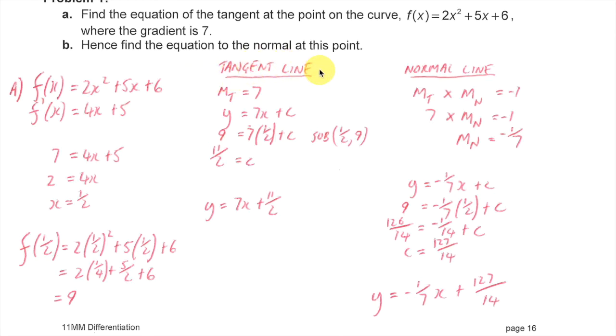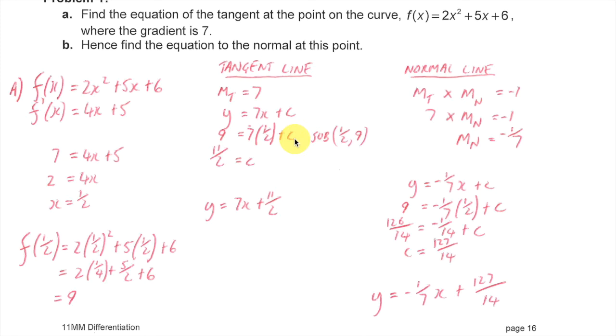The tangent line is going to be in the format y equals mx plus c, because it's a straight line. The gradient of the tangent line is equal to 7. That was from the original part of the question. And we denote that as being mt, so it's just the gradient of the tangent line. So I've got y equals 7x plus c, where c is unknown. I now substitute a known point that is on the tangent line.